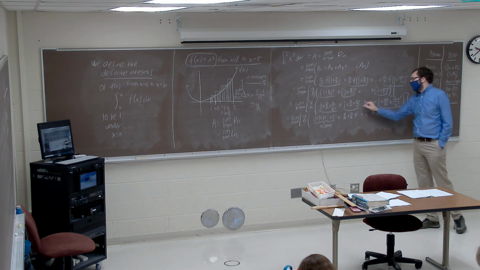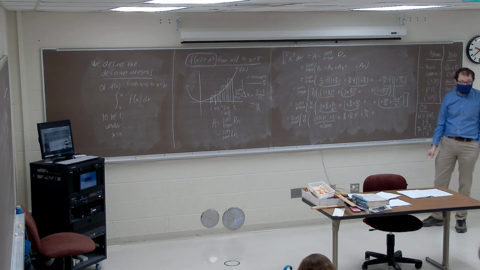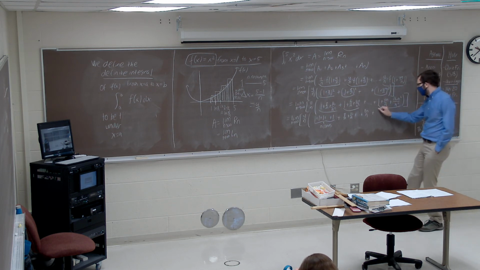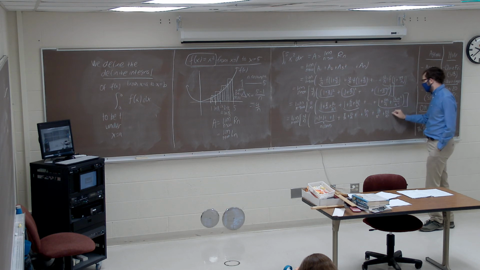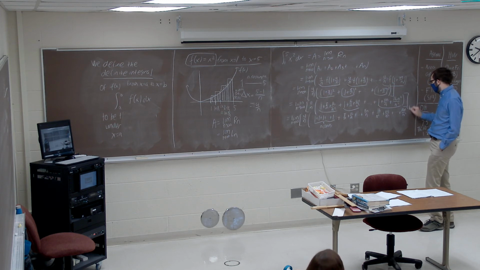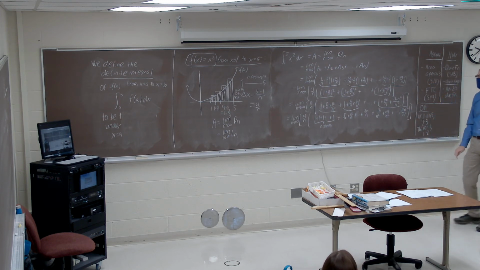And finally, I'm going to take the last term of each of these underlined terms: a 16 over n squared, a 64 divided by n squared, all the way up to 16n squared divided by n squared. All of these being multiplied by 4 over n, all of these taking the limit as n goes to infinity.